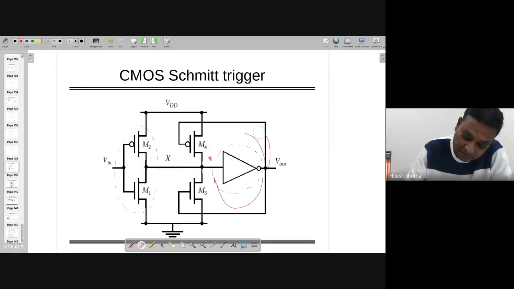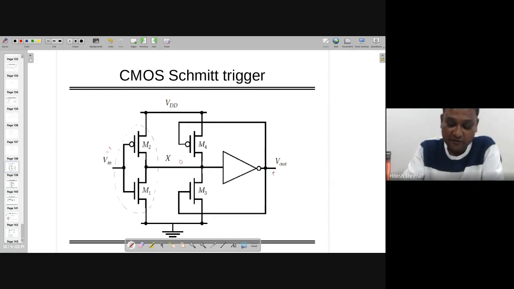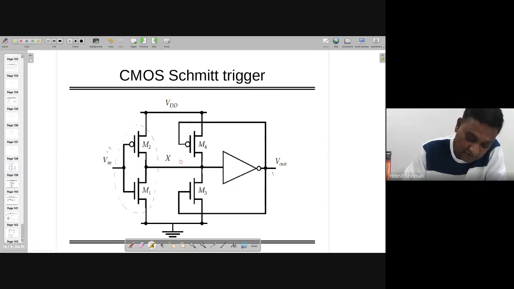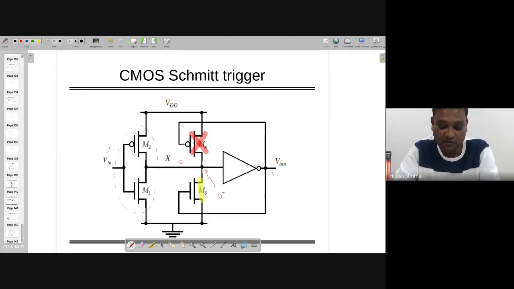So in this case, what is going to happen if Vin is equal to 1, this is equal to 0, and this is equal to 1. And another way around, you can say that if this is 1, this transistor is off, and its counterpart, this one, is on, and of course this is going to be equal to 0, right?